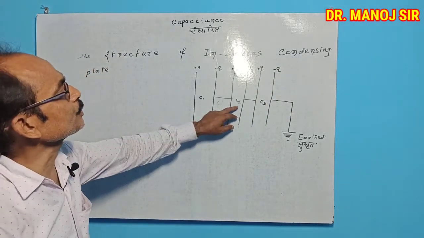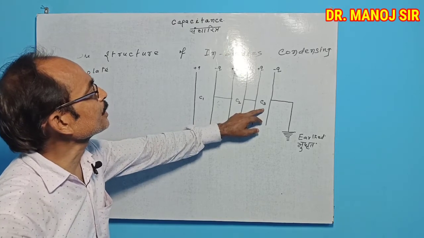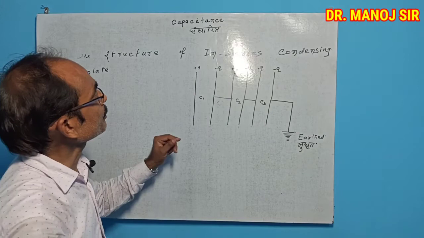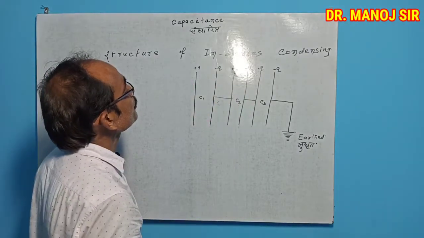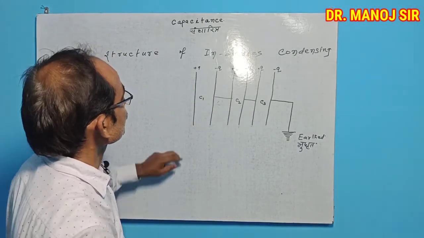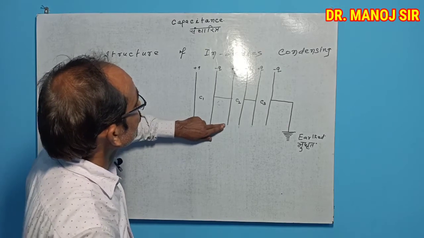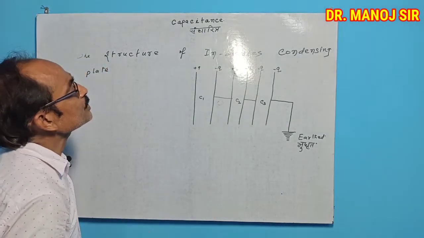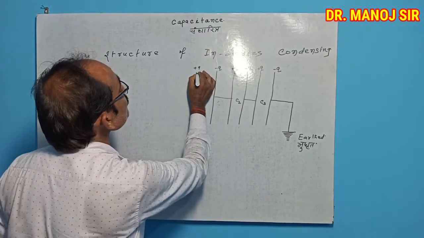Now the structure of the series combination of condensing plates. C1, C2 and C3 are the three capacitors having the same charge but opposite, that is plus q, minus q, plus q, minus q, plus q, minus q.